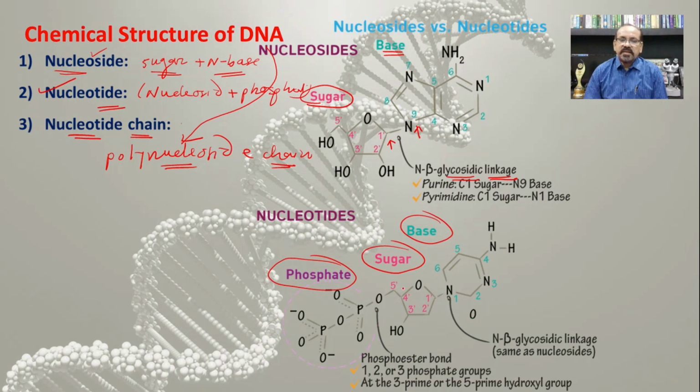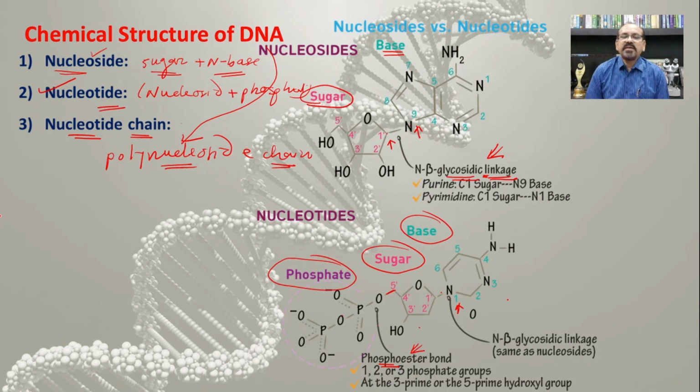Here at the 5th carbon atom there is an attachment of the phosphate with the help of a phosphodiester bond. We can remember this: the sugar joined by its first carbon atom to the 9th nitrogen of the purine is known as a glycosidic linkage, and when the sugar is joined with the phosphate, it is known as a phosphodiester bond, and it attaches to the pyrimidines with the first carbon atom.